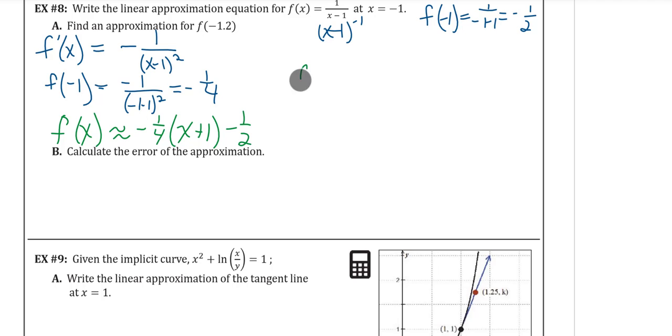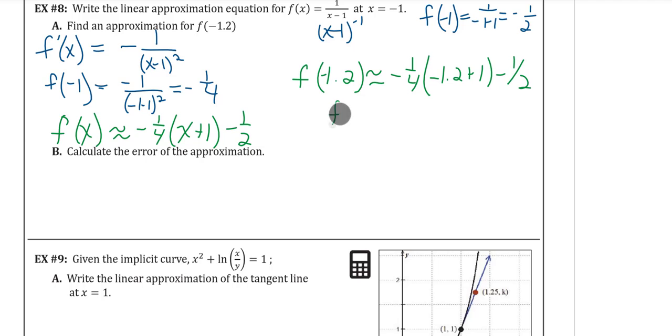So f of negative 1.2, I'm having trouble with my negative today, is approximately equal to negative 1/4 times negative 1.2 plus 1 minus 1/2. And simplifying that, we are going to get that f of negative 1.2 is approximately equal to negative 0.45.